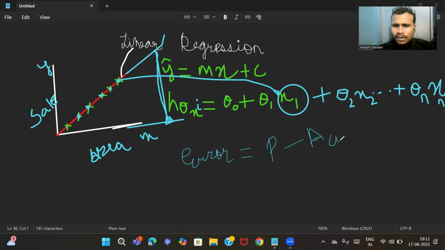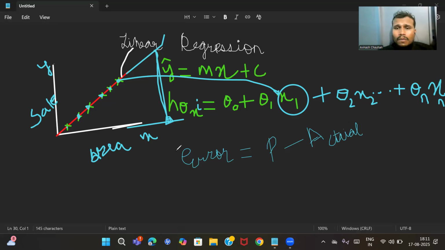This is my actual value: predicted minus actual value.